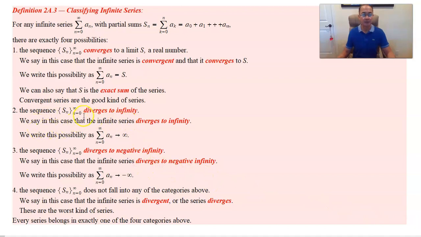The sequence of partial sums diverges to infinity, meaning they just keep getting bigger and bigger unboundedly. Or in the exact opposite direction, the sequence of partial sums diverges to negative infinity.